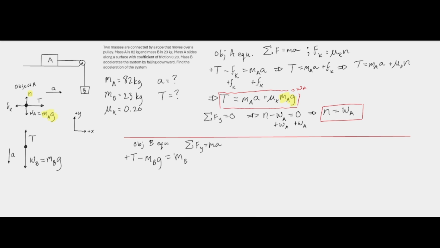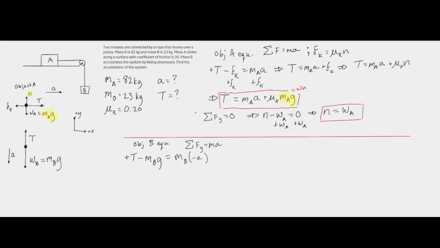We have to look here: this acceleration in the y direction is downward, it is negative, so we need to multiply this by the negative of a. And we don't have any horizontal forces here, so that's my only equation.